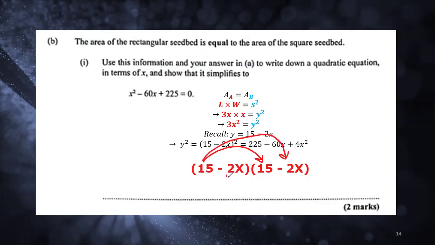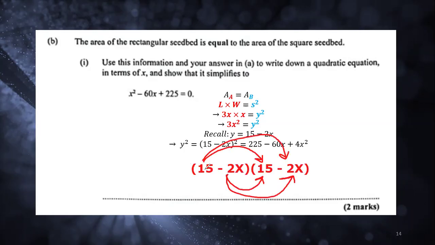And next, negative 2x by 15, and then negative 2x by negative 2x. When you multiply those and simplify, you will get what we see here on the right-hand side. Well, there's another cool way to expand something like this. I'll show you that in a second. But for now, let's do the traditional way.